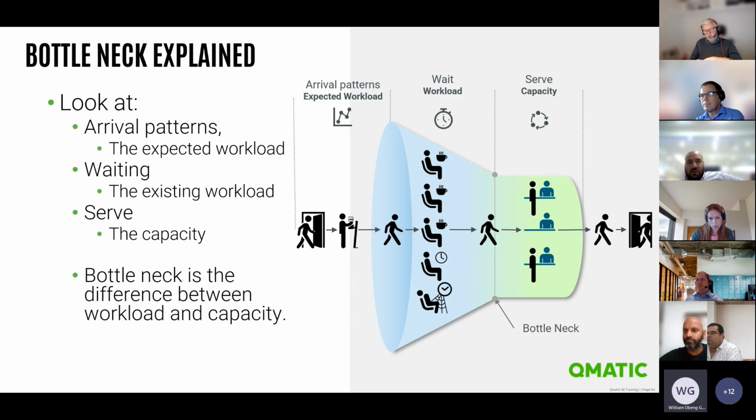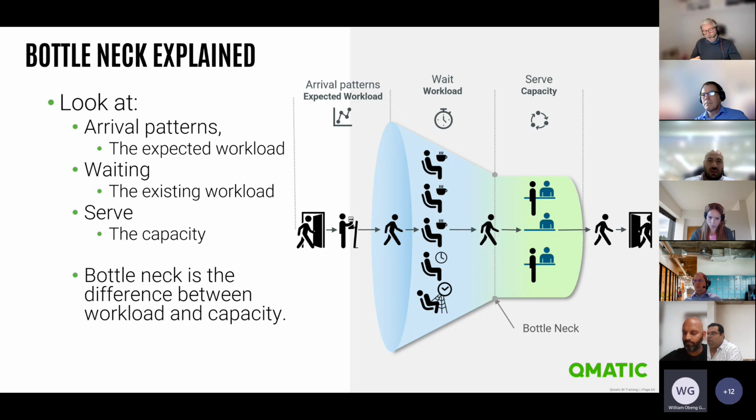In our case, that comes down to how many customers will walk in, how many are there already, and how many counters are open with a staff member serving customers. So the bottleneck is always where you have more workload than serve capacity. This is the pure queuing definition. Try to translate it into our systems.